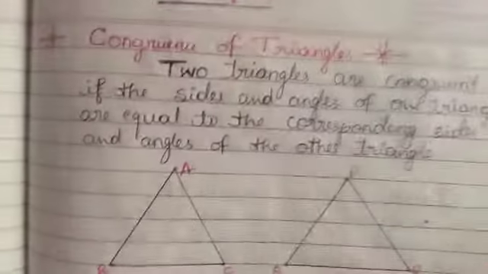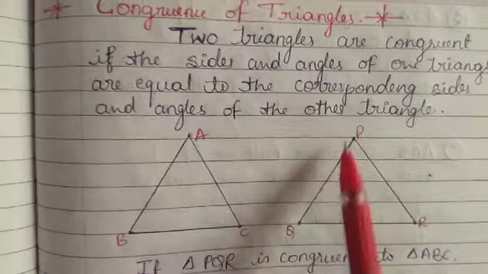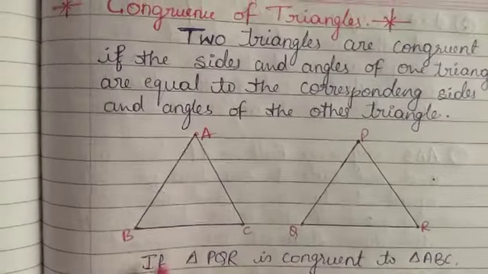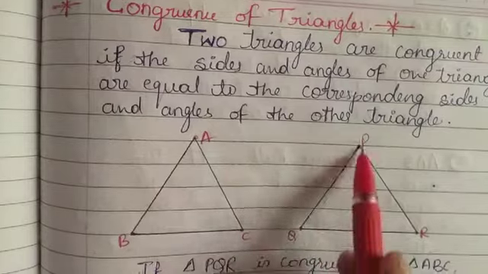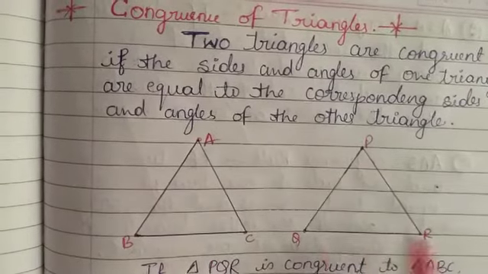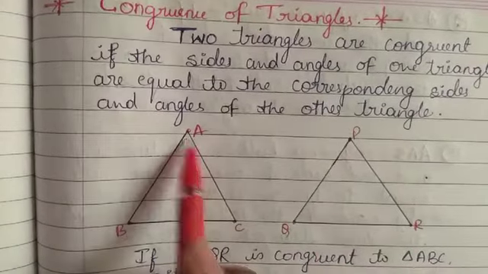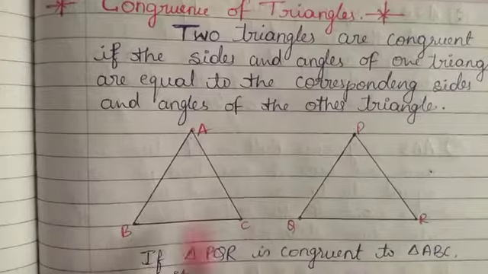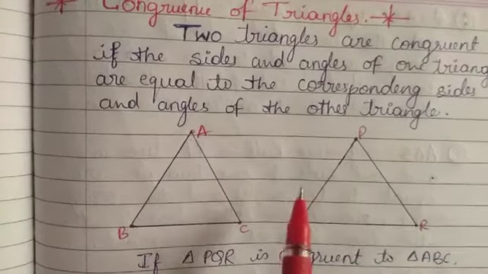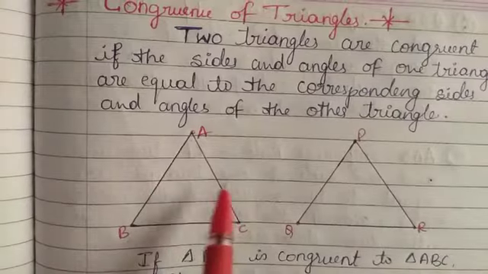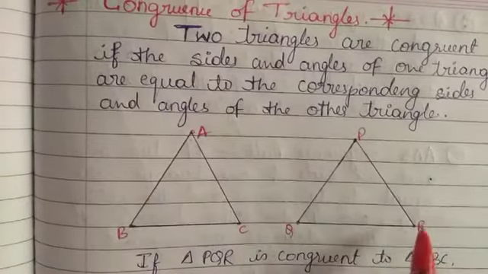Suppose I have AB is equal to PQ, BC is equal to QR and AC is equal to PR. And also angle A is equal to angle P, angle B is equal to angle Q, angle C is equal to angle R. Then only I can say ABC is congruent to PQR.